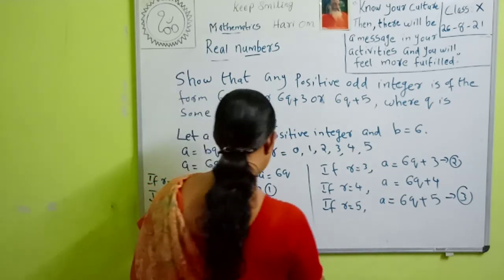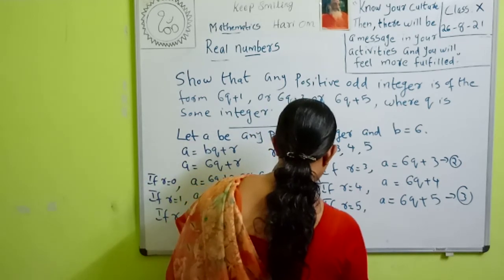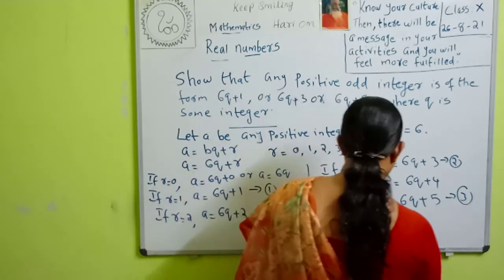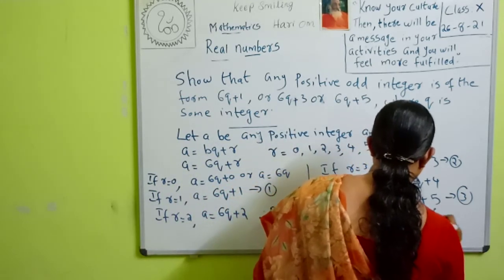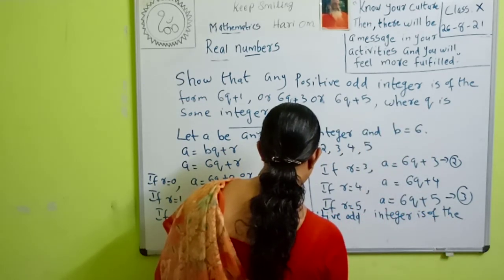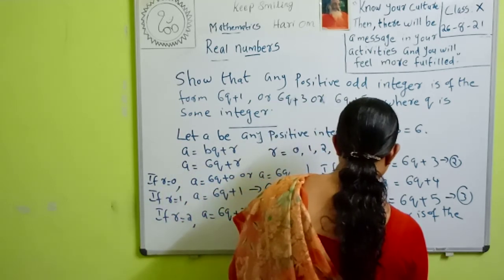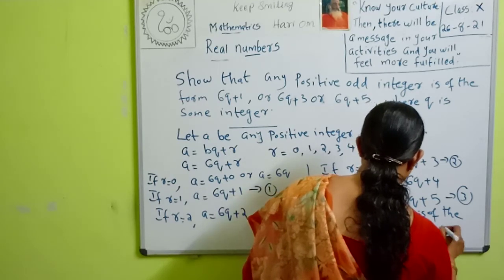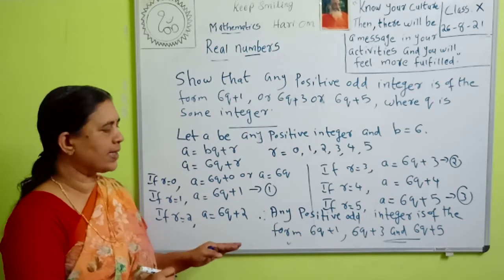Therefore, any positive odd integer is of the form 6q plus 1, 6q plus 3 and 6q plus 5.